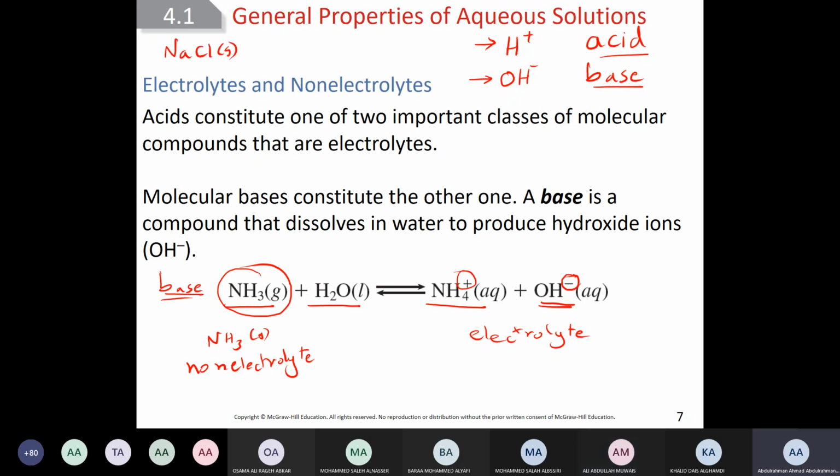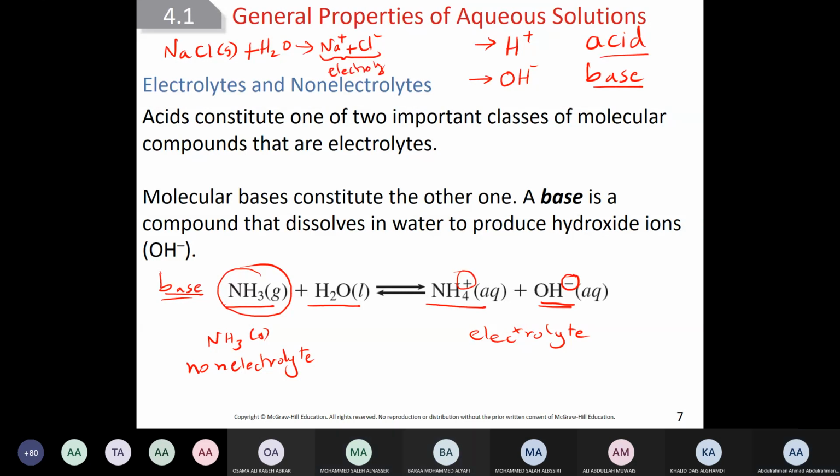NaCl solid. Is this electrolyte or non-electrolyte? Non-electrolyte. Why? Because on its own it's solid and there are no ions. Now, when you put it in water, what is it going to give you? Na+ and Cl-, chloride ion. Is this electrolyte or non-electrolyte?